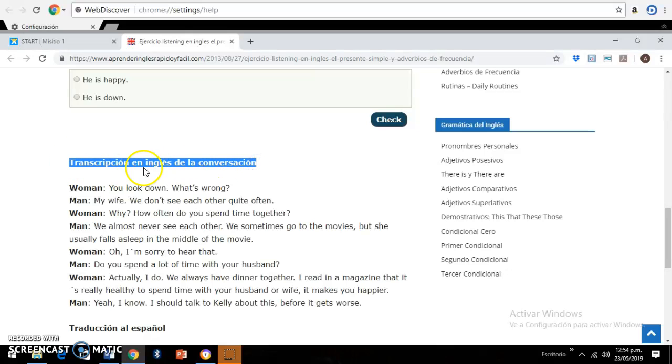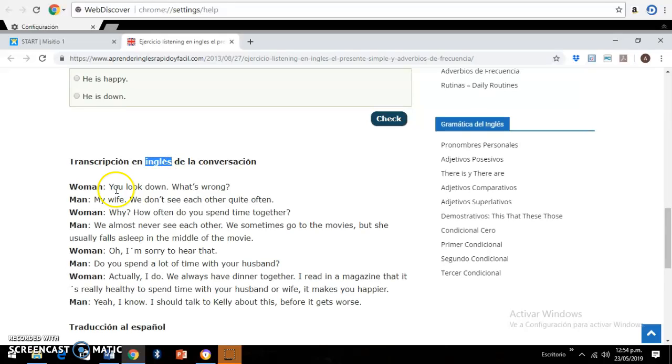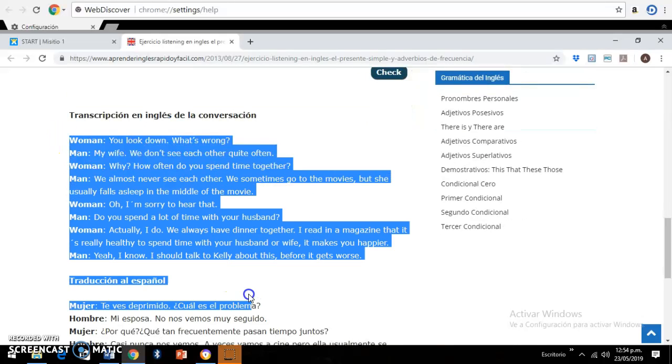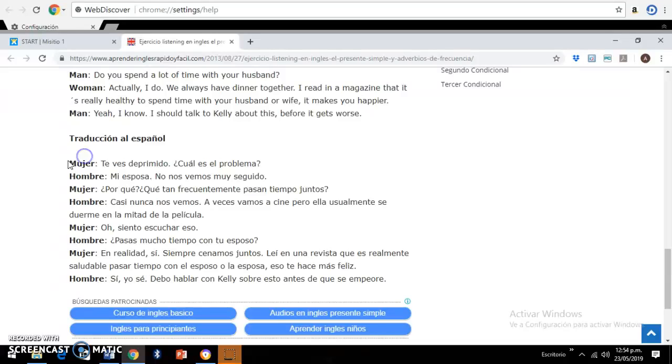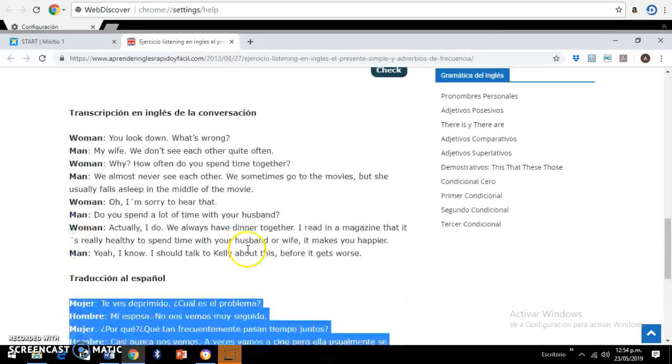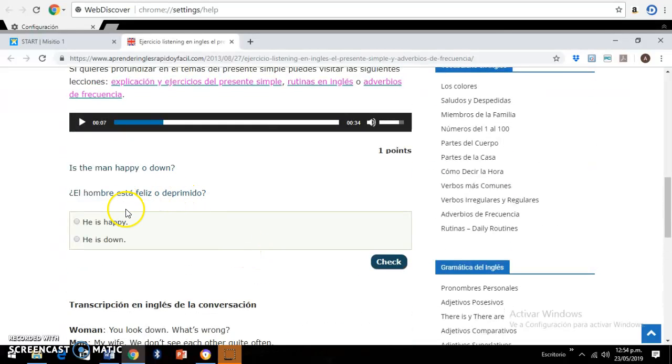The continued activity: students identify the transcription, conversation in Spanish. The continued quiz.